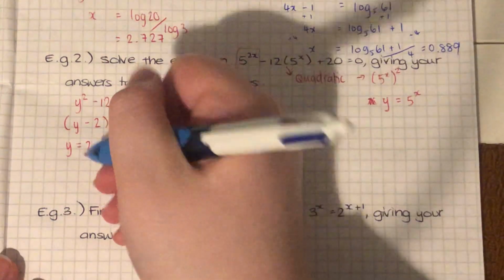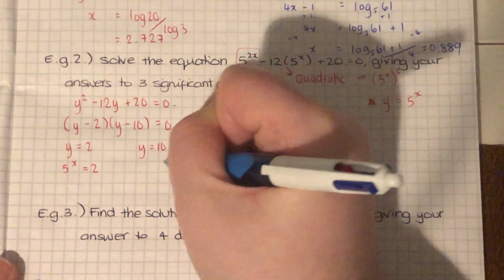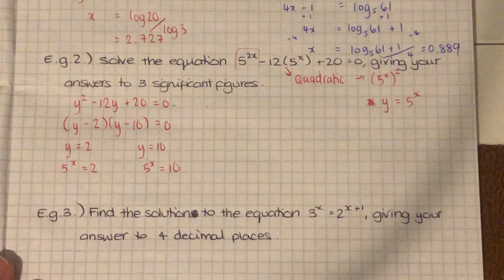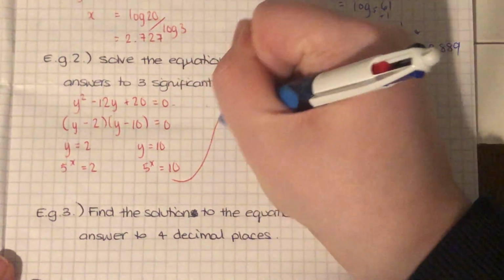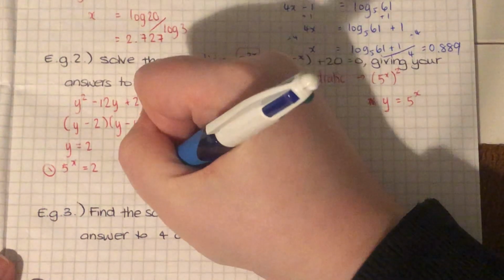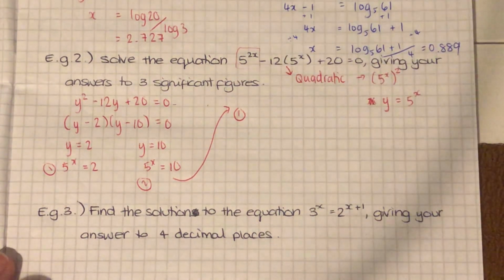So the actual 2 equations we've got is 5 to the x equals 2, and 5 to the x equals 10. I'm going to draw an arrow to go over here. So I'm going to call them label 1 and 2. When you do it, you don't need to call them 1 and 2, but it's just so that we can go through it.